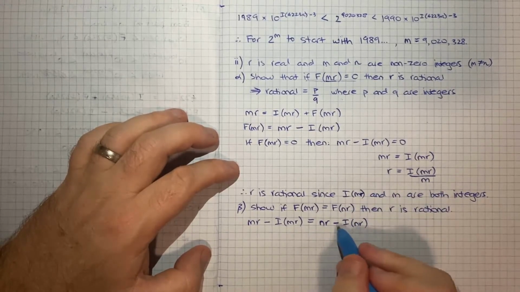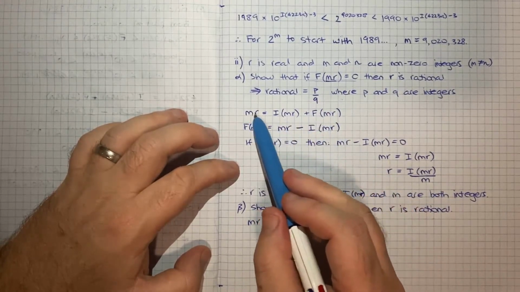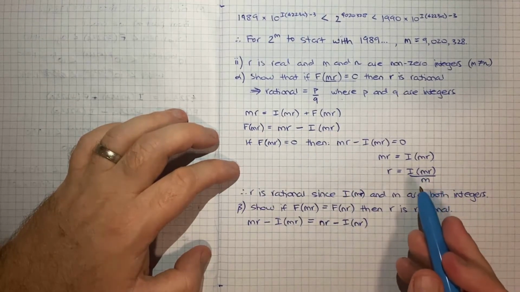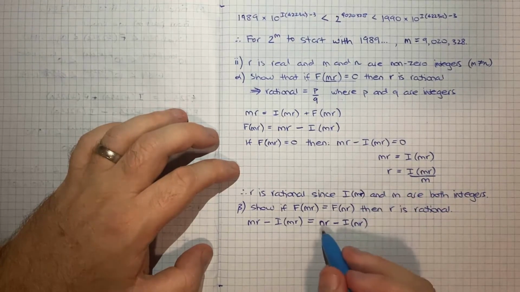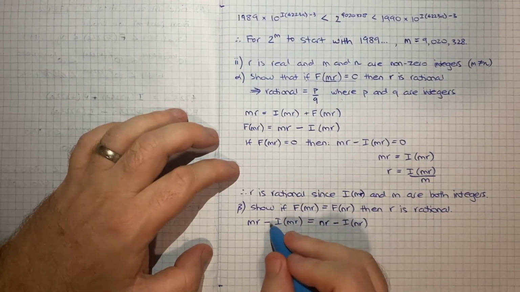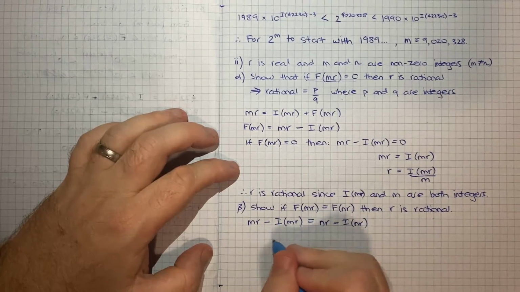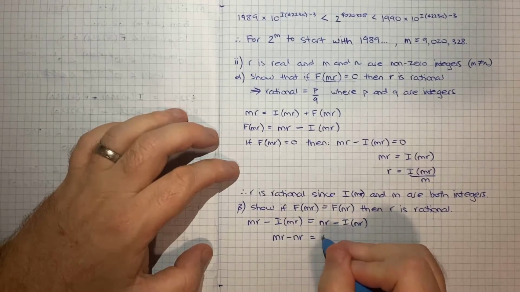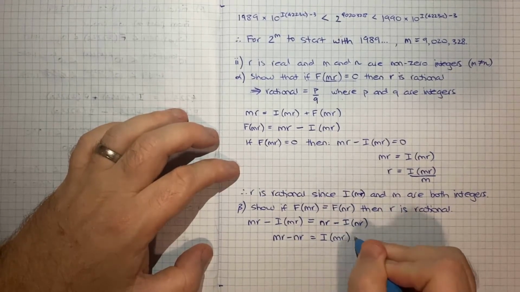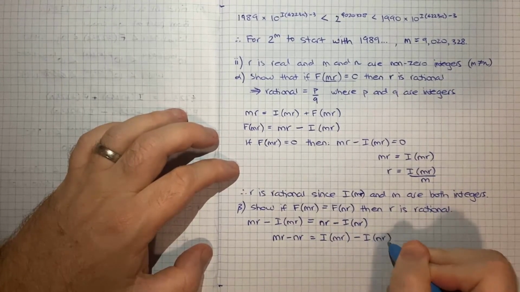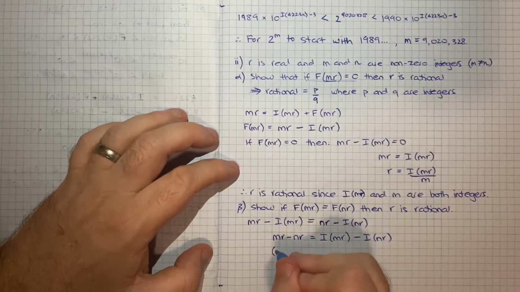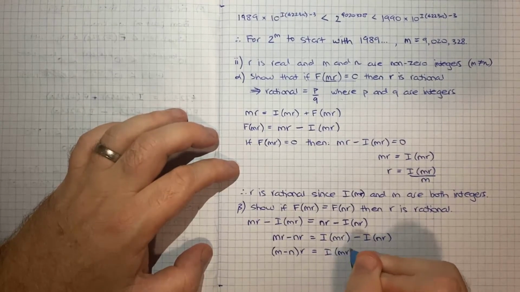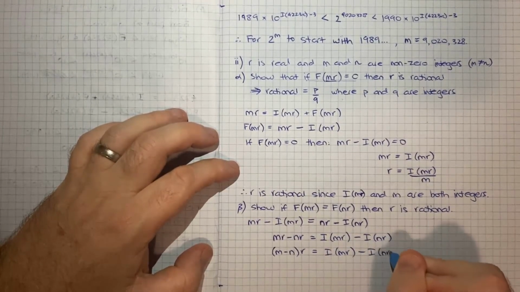So I've just done the same thing as I did with MR. I replaced the M with N, but it's the same idea. So now we can do some rearranging. I'll bring the NR over, and I'll bring the MR over here. So we'll get MR minus NR is equal to the integer part of MR minus the integer part of NR. So M minus N times R is equal to the integer part of MR minus the integer part of NR.